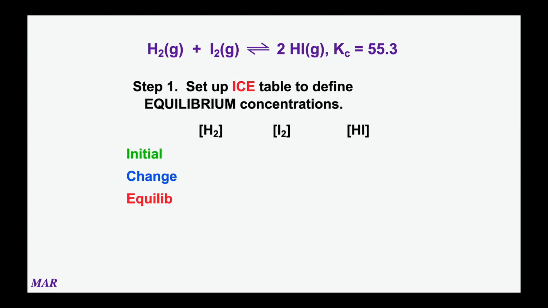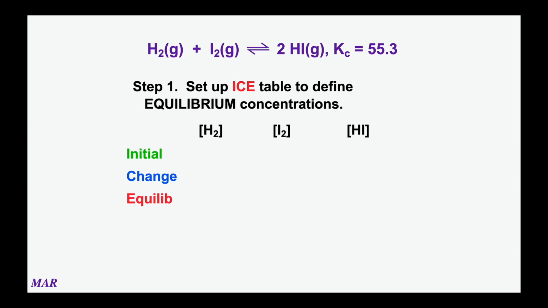And in this problem, as we talked about, the H2 and the I2 will be decreasing, and the HI will be increasing. And the other thing about the change line is that the stoichiometry for this reaction will be evident in the change line. So for this reaction, that's 1 H2 and 1 I2 making 2 HI. Change here will be affected by that, and we'll see that.